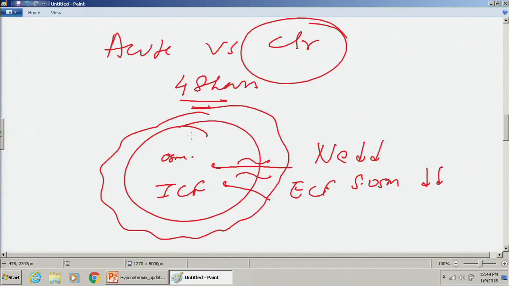So to help out, inside the brain, we have something we call organic osmoles, all right? And I call these organic osmoles very old people who take their own time to walk out of the brain cells into the outer world. Okay, so they take about 48 hours to go outside.